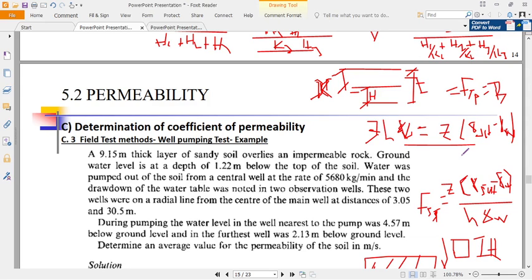So that's one of the importance of determining permeability or doing this work: to be able to predict or to solve problems involving pumping, seepage, or what some people call piping, of water from construction excavation.